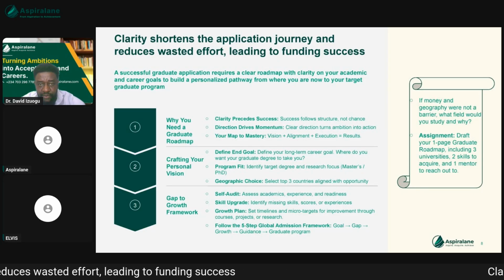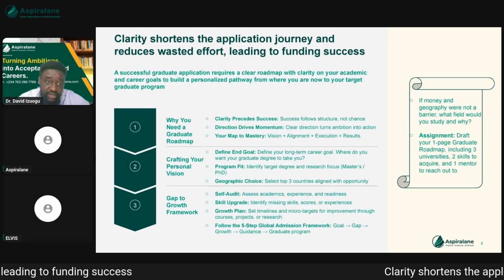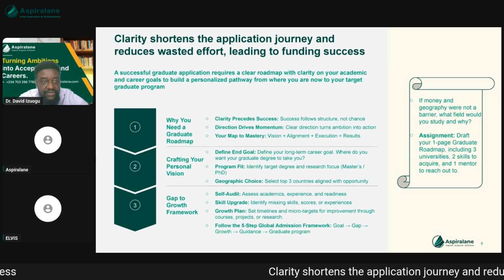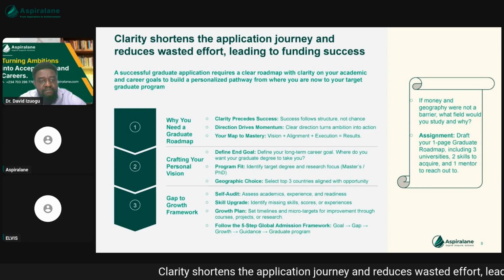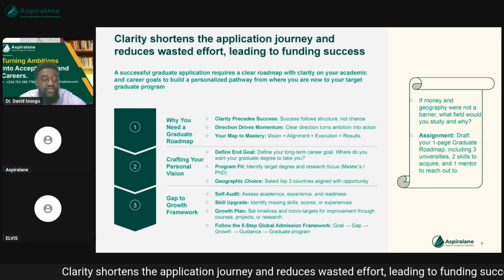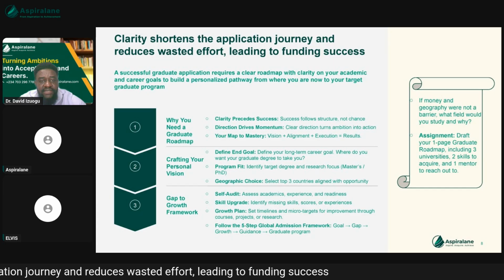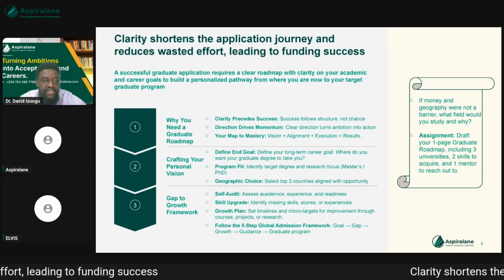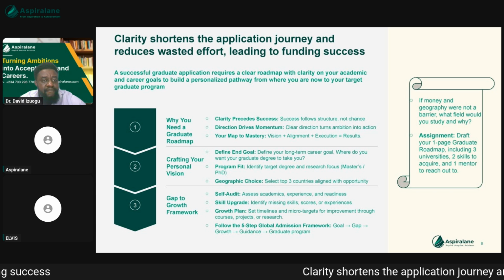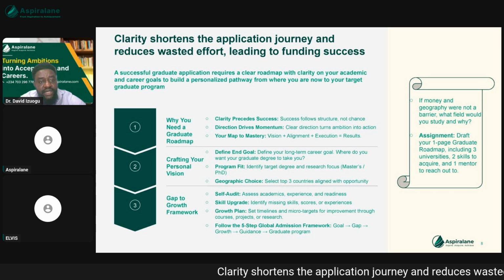Before we dig deeper into each of those individual materials, we provided a brief summary that is going to guide you when you are providing those materials, stating emphatically that clarity shortens the application journey and reduces wasted efforts.